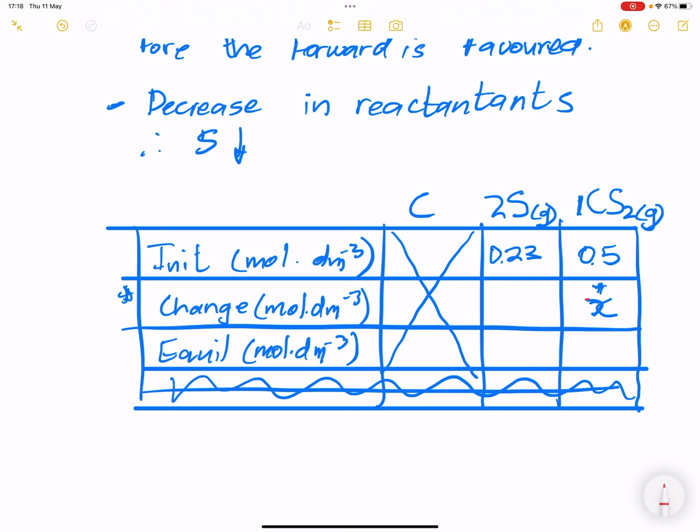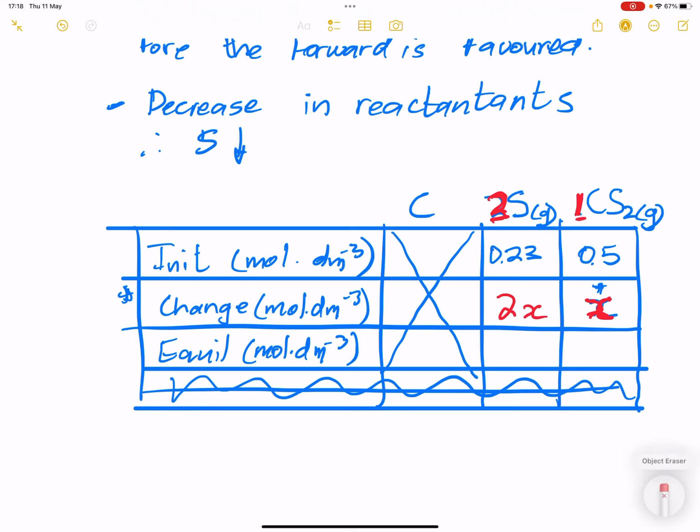So if I change by an X amount, well, the ratio is for every 1, there's 2. So if I change by 1x, then this changes by 2x. Why? Because our ratio is 1:2. For every 2 of those, there's 1.